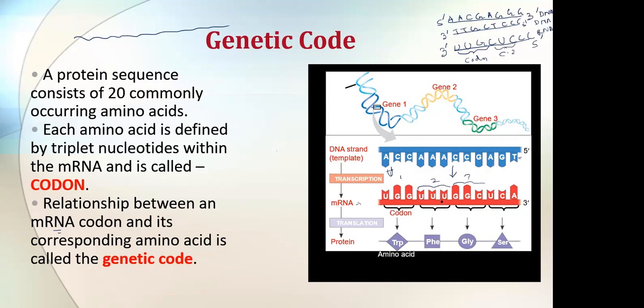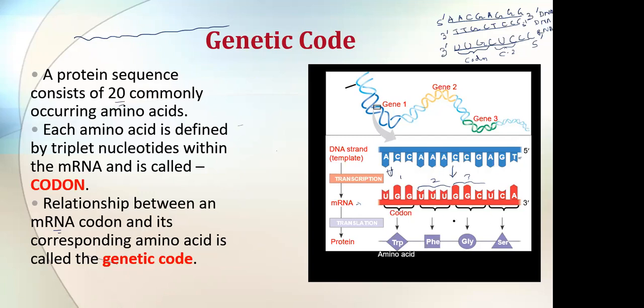All these codons represent amino acids, and you can find which codon represents which amino acid in the genetic code. That's the relationship between the messenger RNA and the amino acids. Inside our body, we have 20 predisposed amino acids.